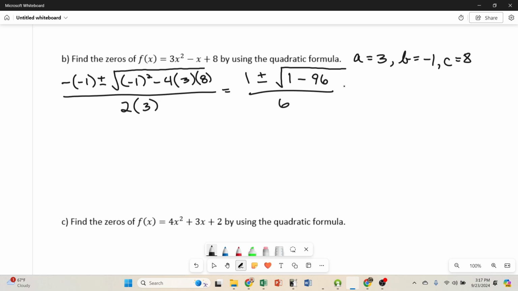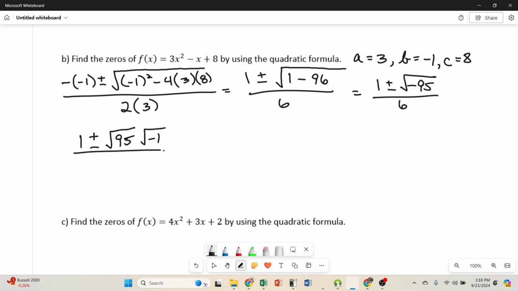Okay, so now we're going to take this, and this is going to be 1 plus or minus the square root of negative 95 over 6. I can't do anything with negative 95. There are no perfect squares that go in there. So I do have to fix it though. Got to get i out of there. So 1 plus or minus the square root of 95 times the square root of negative 1 all over 6.